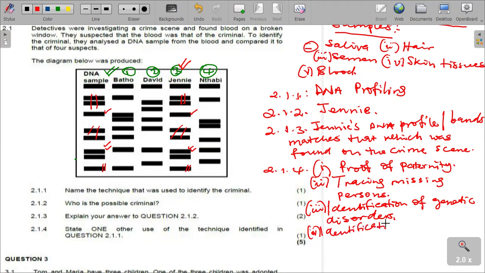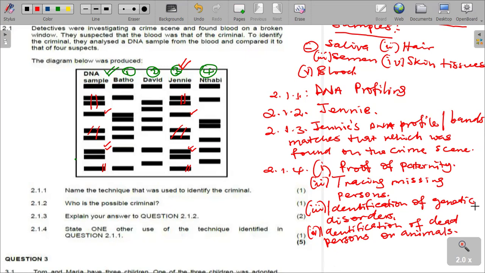Identification of dead persons or animals. They can be identified through DNA profiling.